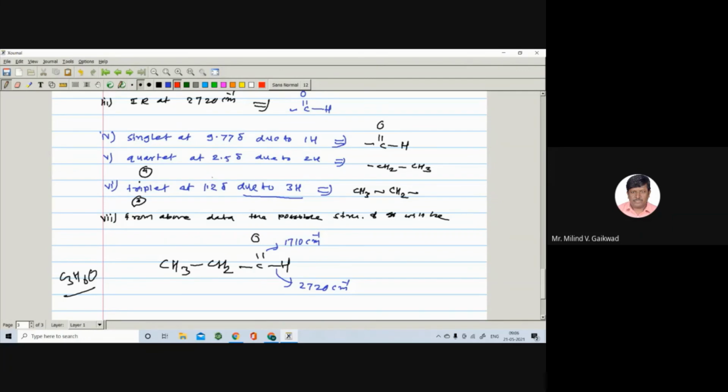So here the singlet is due to 9.77 delta, this CH2 is due to 2.5 delta, and here is due to 3 hydrogen, and they are at 1.2 delta. If you are able to write such type of values, write them down. Otherwise you can write only the structure also. So in this way you have to solve the question.